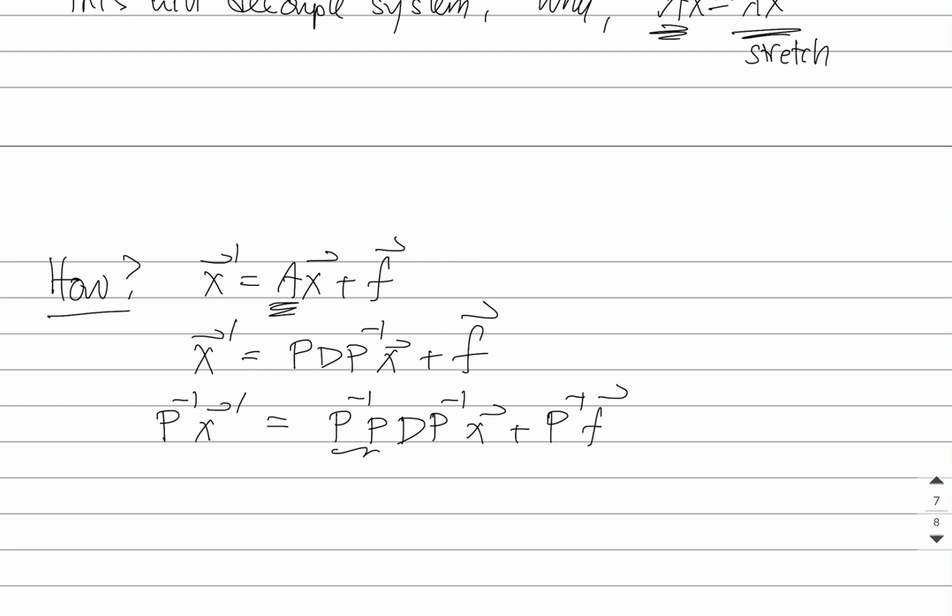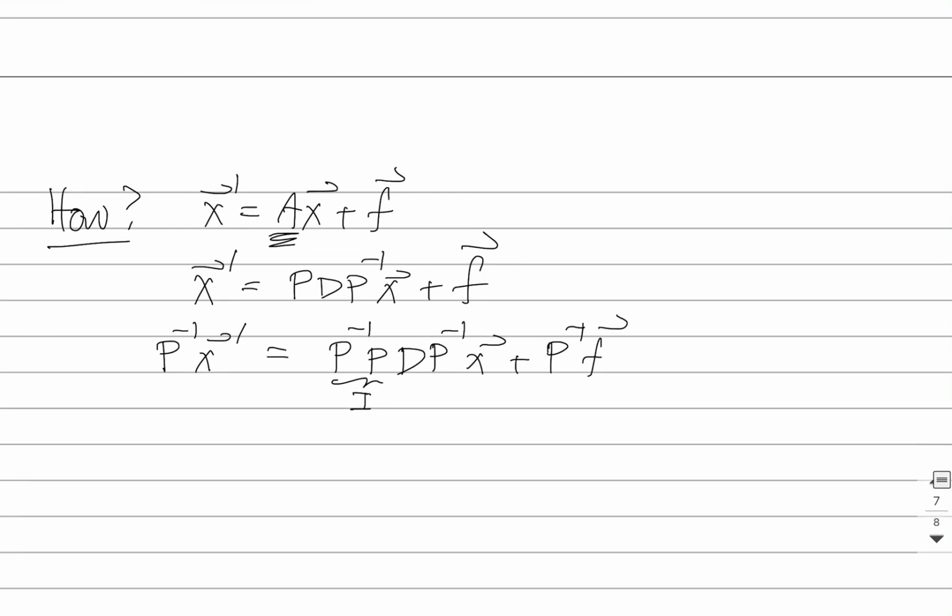And that's going to turn this into the identity. So we'll end up getting P inverse X prime is D P inverse X plus P inverse F.